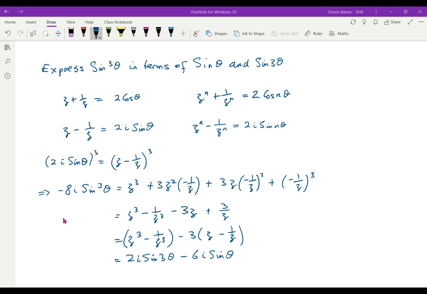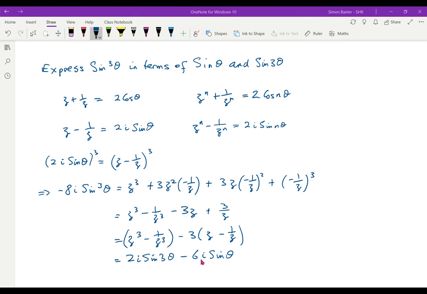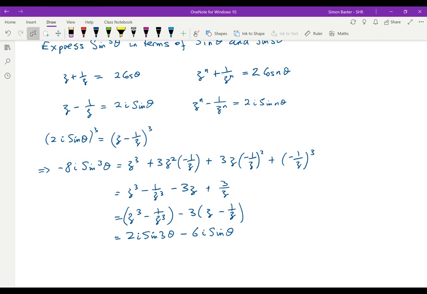I said don't worry about the I. When we divide both sides by minus 8i, the I disappears with no problems at all. So dividing both sides by minus 8i, I get sine cubed theta is equal to minus 1 over 4 sine 3 theta plus 3 over 4 sine theta.